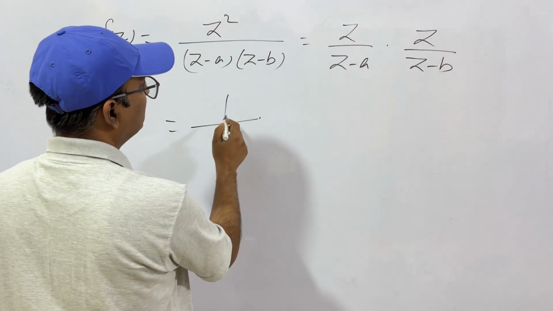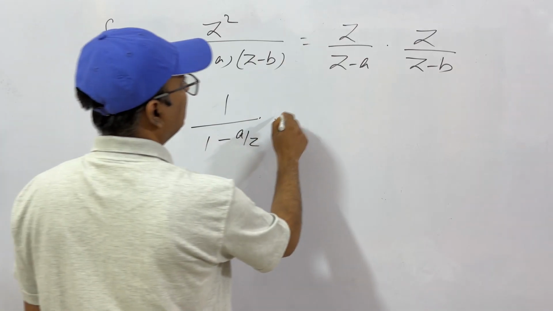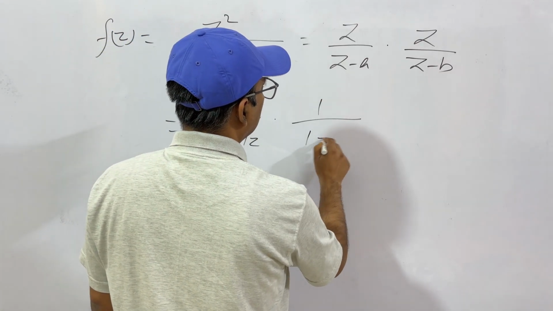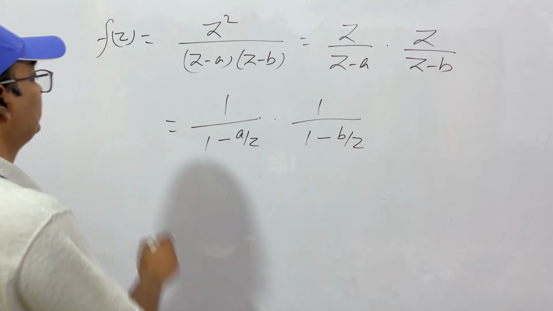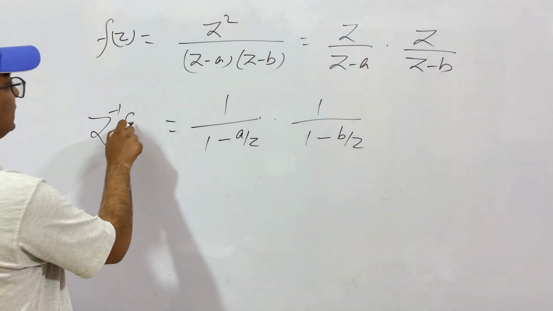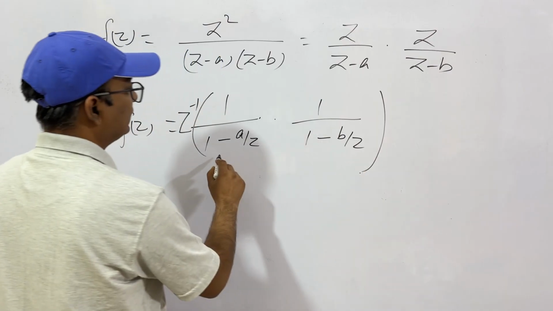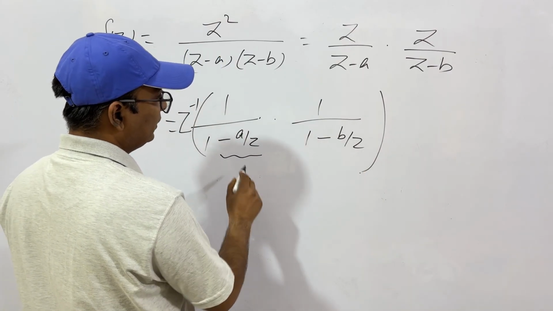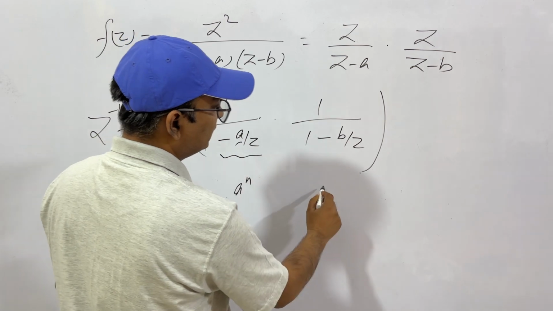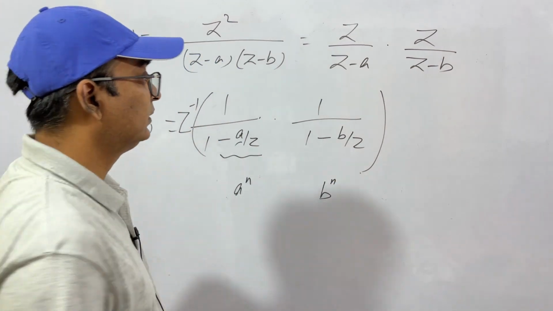It is 1 by (1 minus a by z) into 1 by (1 minus b by z). If you take Z inverse of this function, the inverse of this is a to the power n, and the inverse of this is b to the power n.